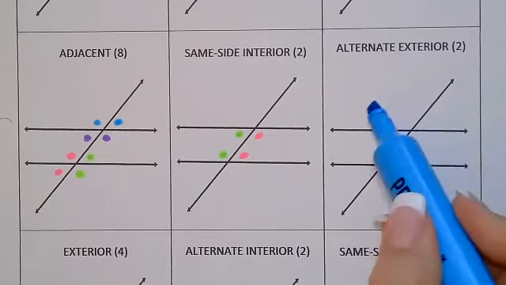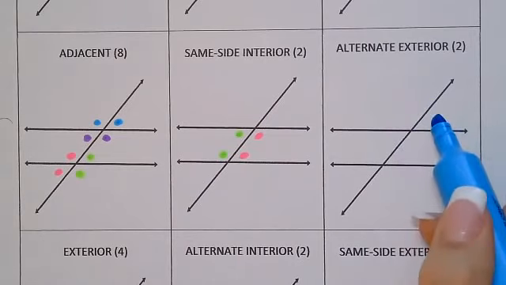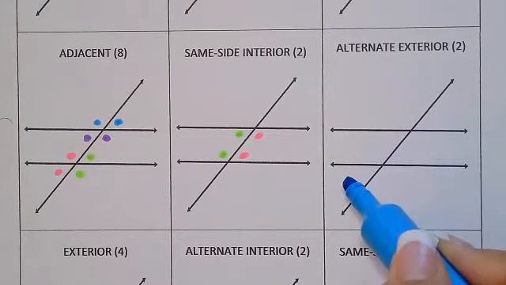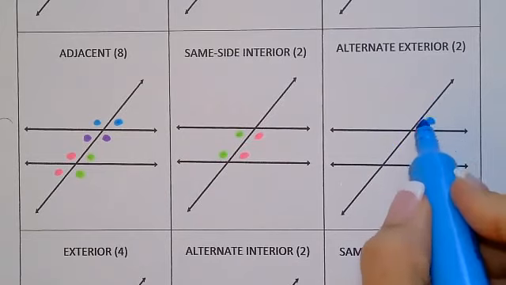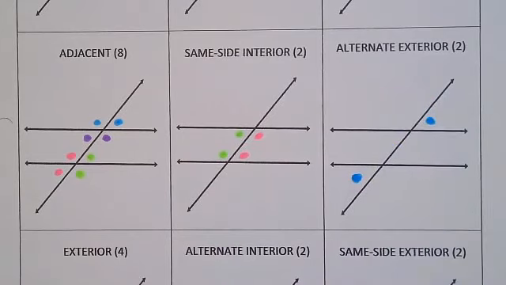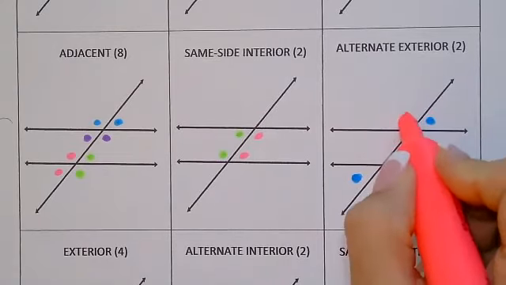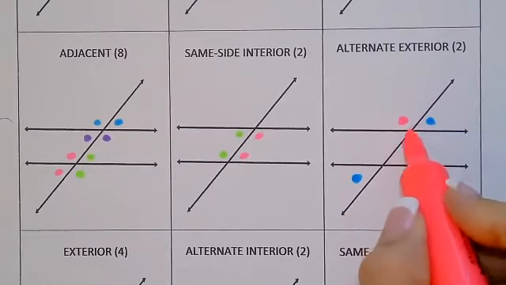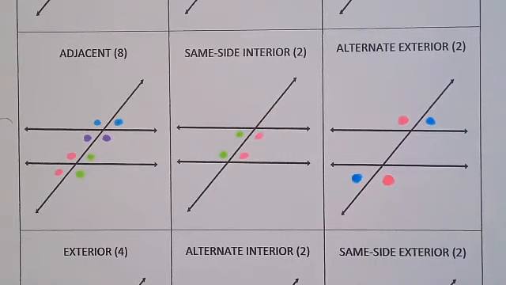So exterior, outside of the lines, alternate means one on one side of the transversal and one on the other. So I'm going to put one mark here, go down, and on the other side would be its partner. Okay, and here's another exterior. So go down the line and on the other side, alternate exterior.